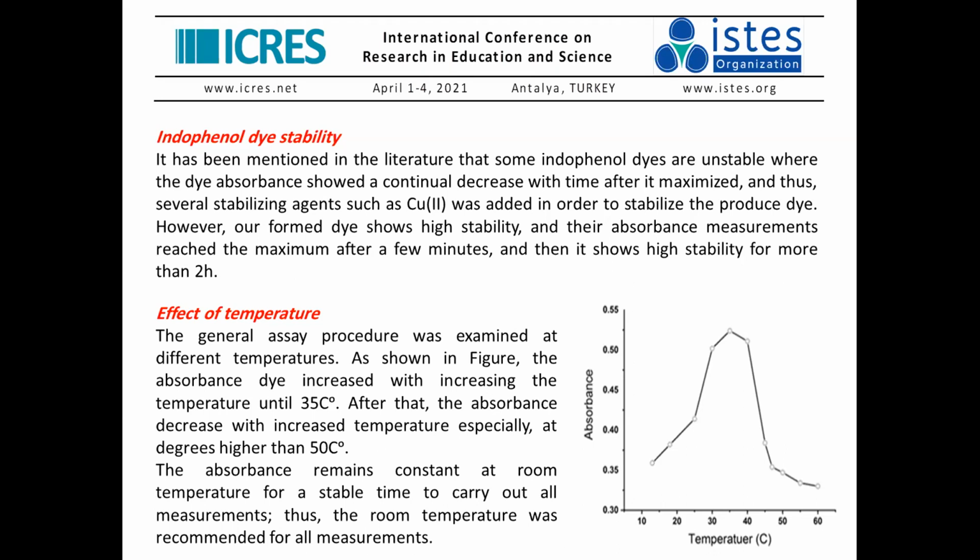We then studied the stability of the dye at room temperature. We found that at room temperature the produced dye is very stable for more than 2 hours, which is enough to do all the measurements.